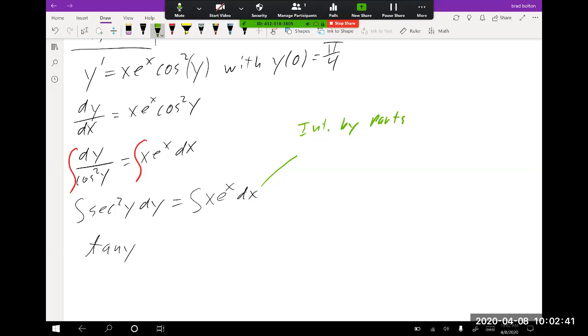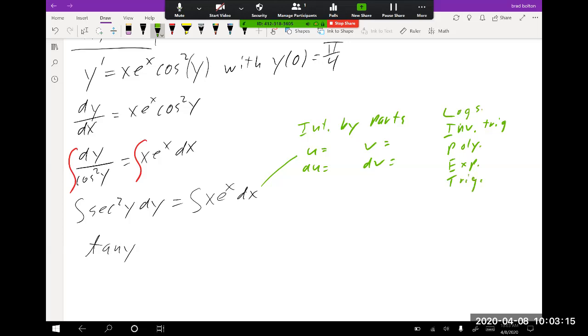So we're going to need to build a u du and a v dv. Always remember your limit. Right, logs, inverse trig, polynomials, exponentials, and regular trig functions.